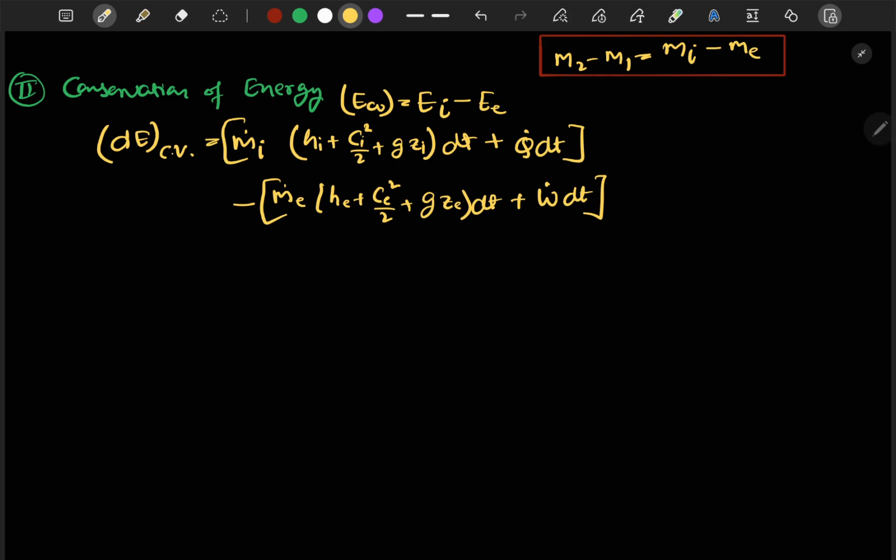If we consider potential energy and kinetic energy changes to be 0, we can directly eliminate these terms.